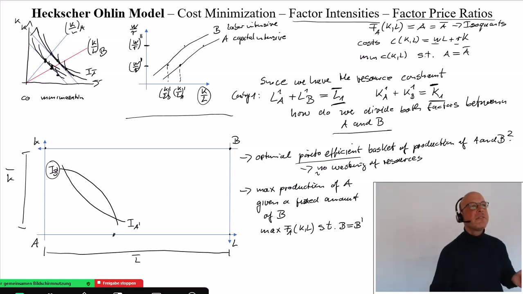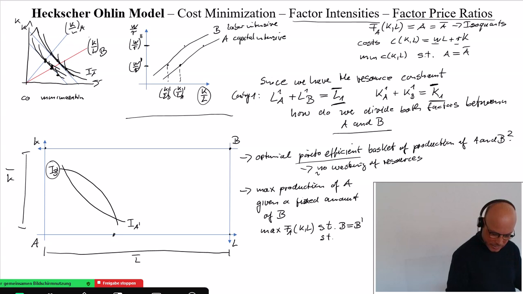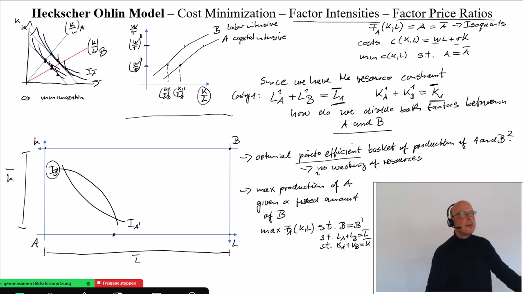And we have two other resource constraints, subject to L A plus L B equals L bar and subject to K A plus K B equals K bar.